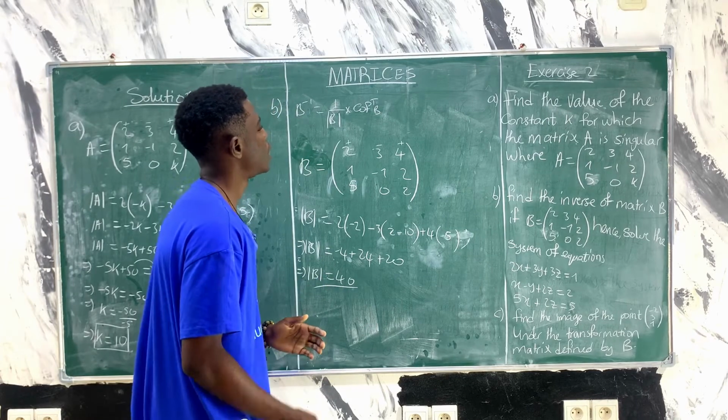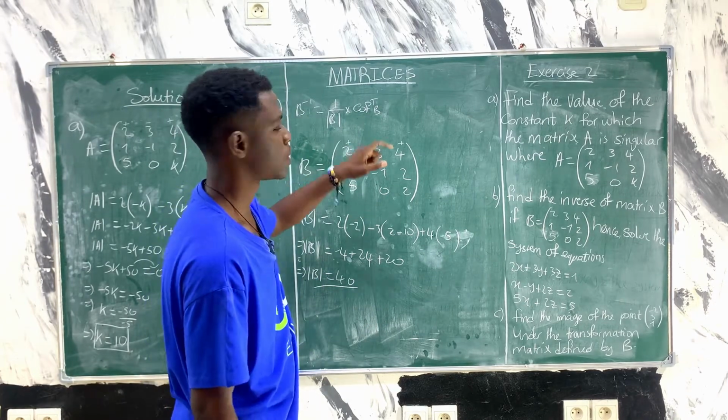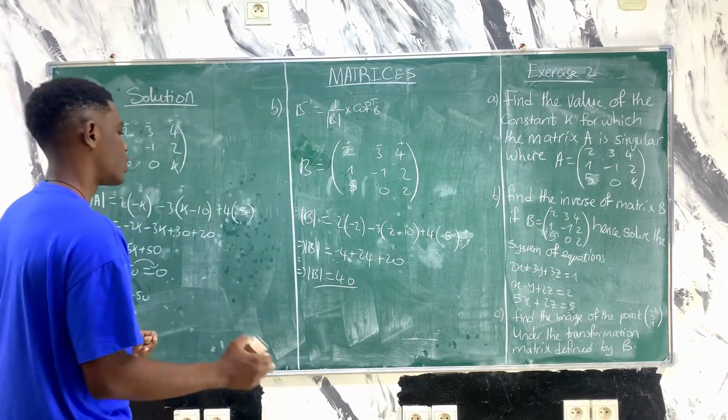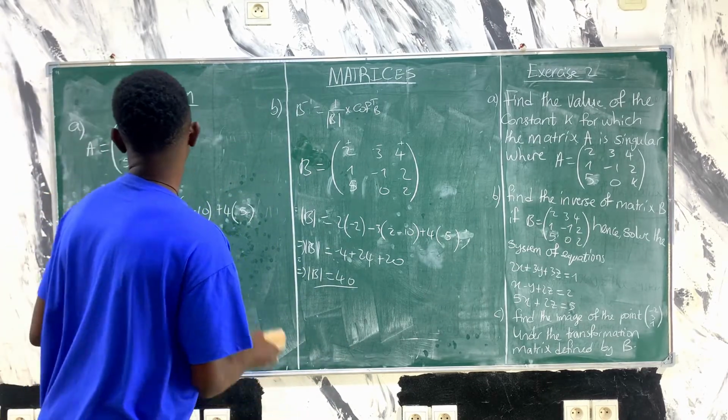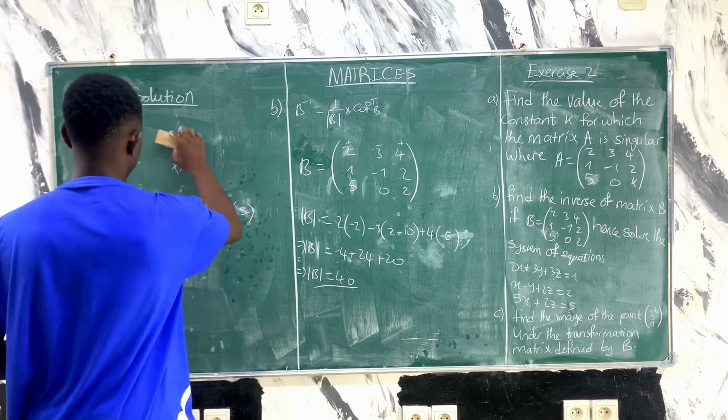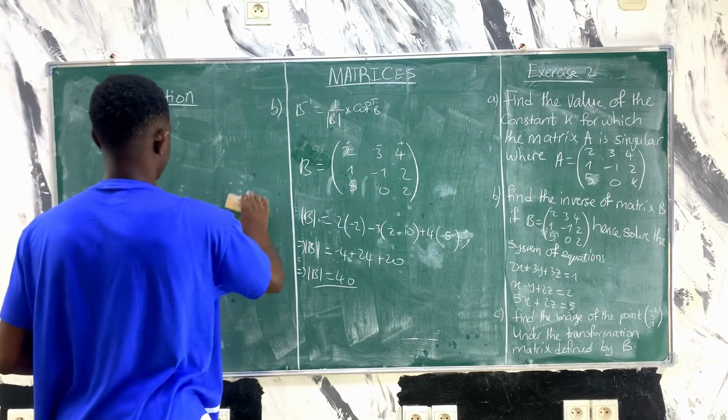When we have the determinant, what we have to do next is to find the cofactor. Then you do the transpose. So let's find the cofactor of B. You can cancel this A part because we have solved it successfully already.